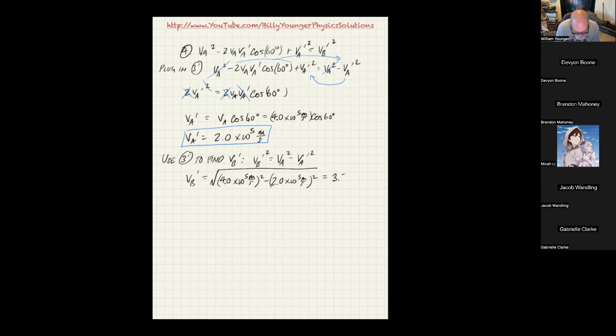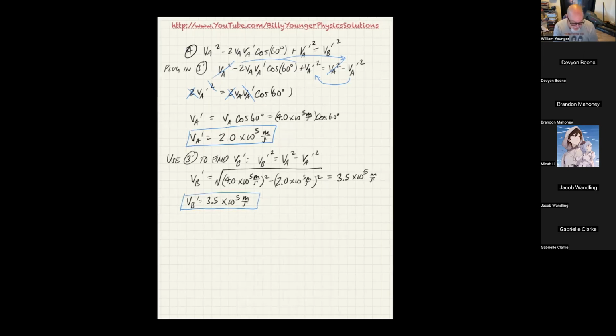So this one's going to be about 3.5 times 10 to the 5th meters per second. And that's my VB prime. So I've got 2 of them now. All I need now is theta B prime.